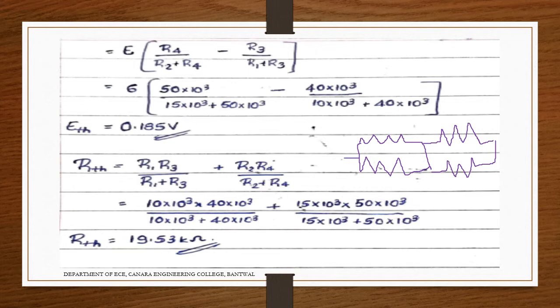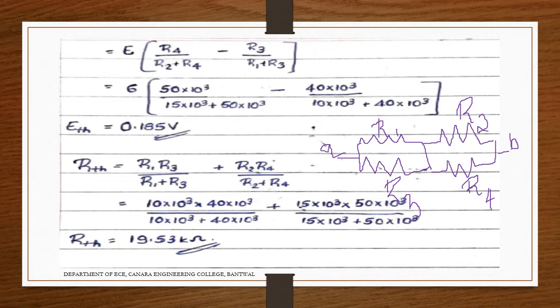This is EA and this is with respect to B. This is R1, this is R3, this is R2, this is R4. R1, R3, R2, R4. So this is how we are getting it, and R1 and R3 are parallel here.